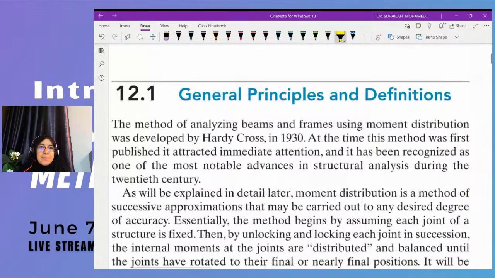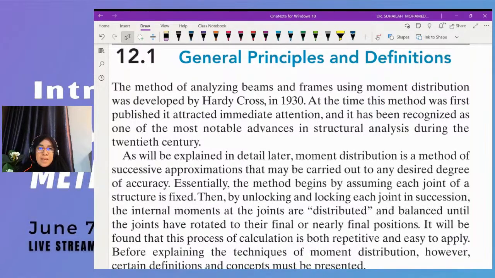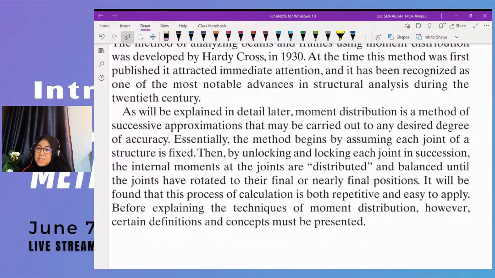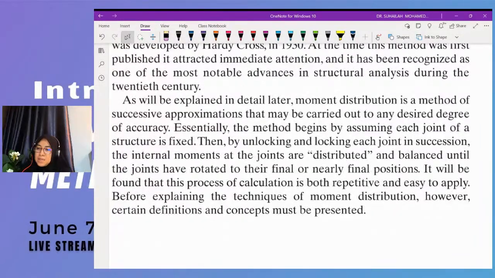The general principles and definitions: analyzing beams and frames using the moment distribution method. The important point in this chapter is that moment distribution is a method of successive approximation that may be carried out to any desired degree of accuracy.